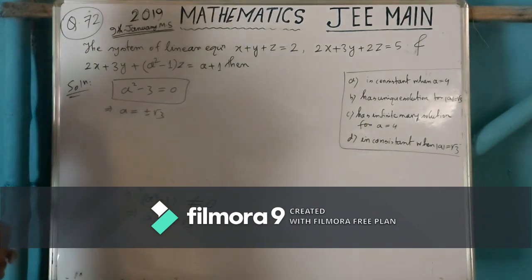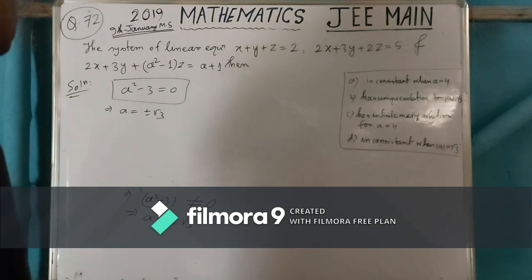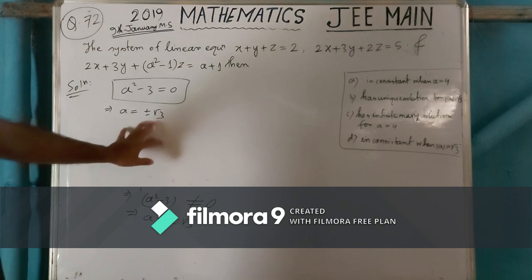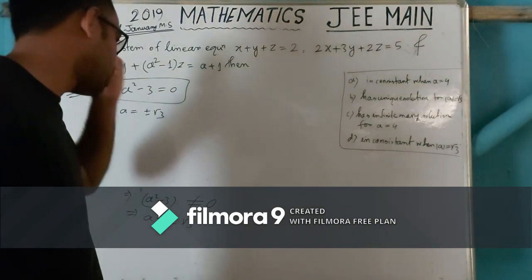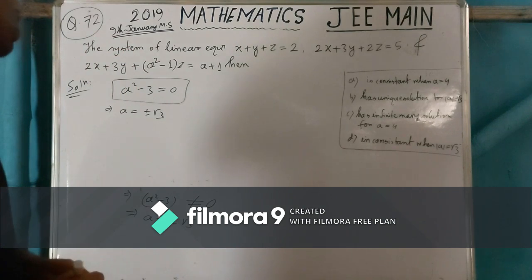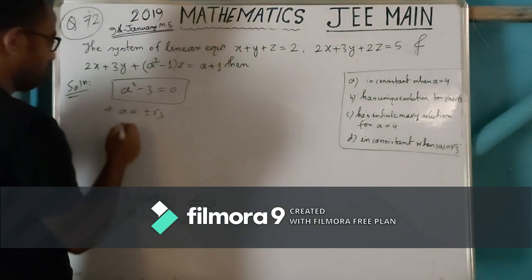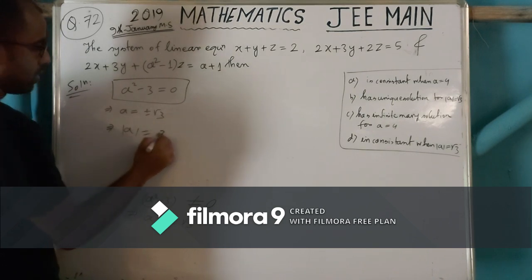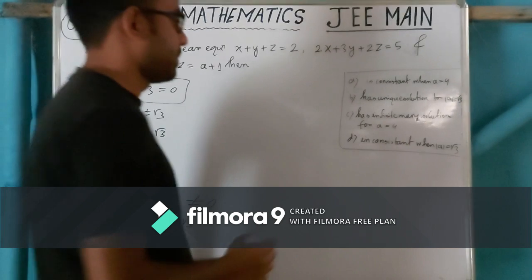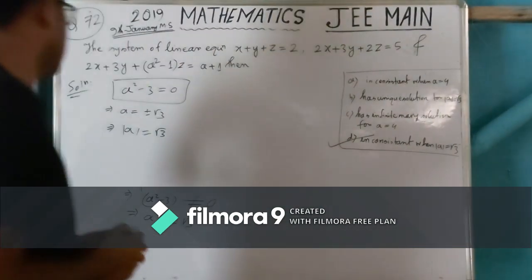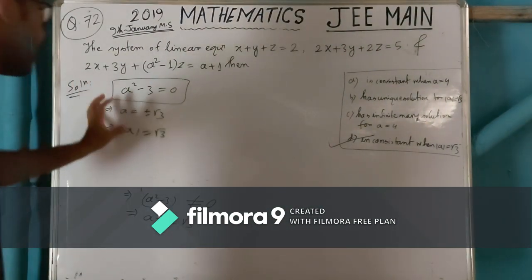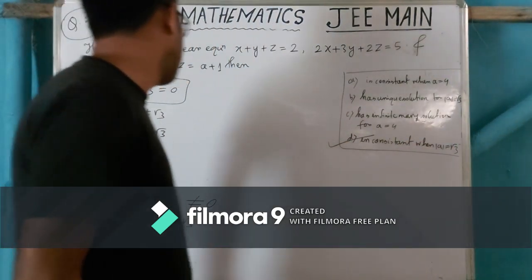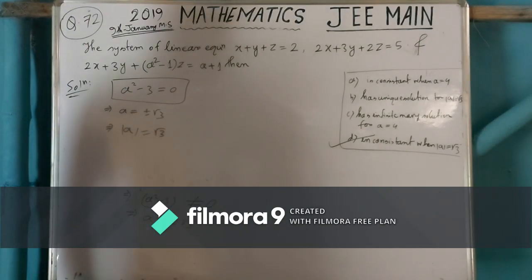That means the system has either no solution or infinitely many solutions. But here you see that if this value equal to 0, then the system is inconsistent. So the correct answer is this: the system of linear equations is inconsistent when mod a equal to root 3. This is the solution of question number 72.